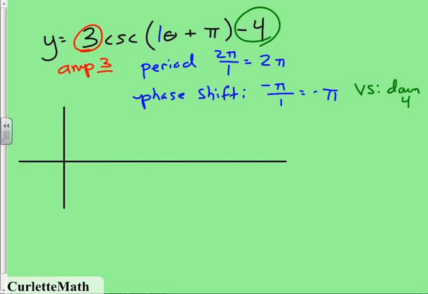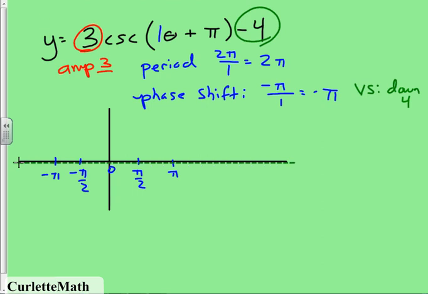Now, making a graph, I'm going to need to take that y-axis and slide it over a little bit to graph in my full period here, because I need to start at negative pi, then negative pi over 2, 0, pi over 2, and 2 pi. Now, I have a vertical shift. My vertical shift line was at the origin.